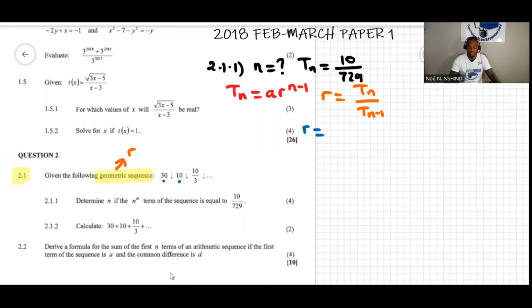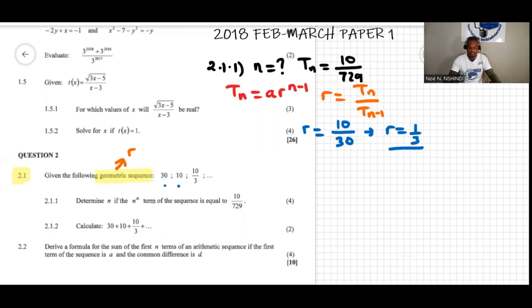Similarly, if 10 over 3 was my Tn, then Tn minus 1 will be 10. But I prefer to take 10 as my Tn, and then Tn minus 1 will be 30. So it's going to be 10 over 30. Then r will be equal to just 1 over 3. So this is the value of r.